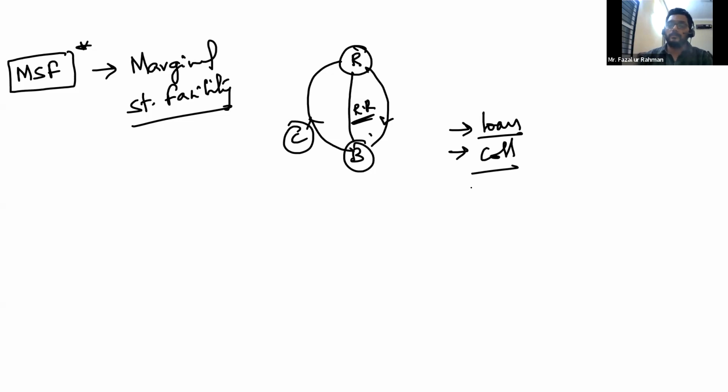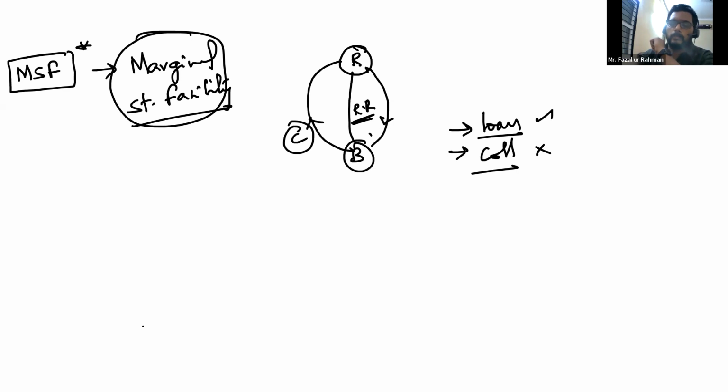In case you need loans and you do not have regular collaterals, then you will go for marginal standing facility.